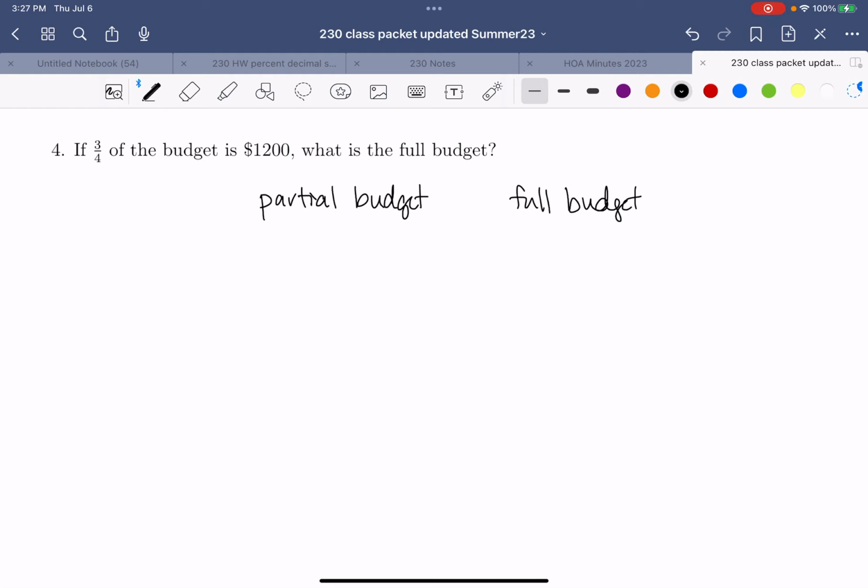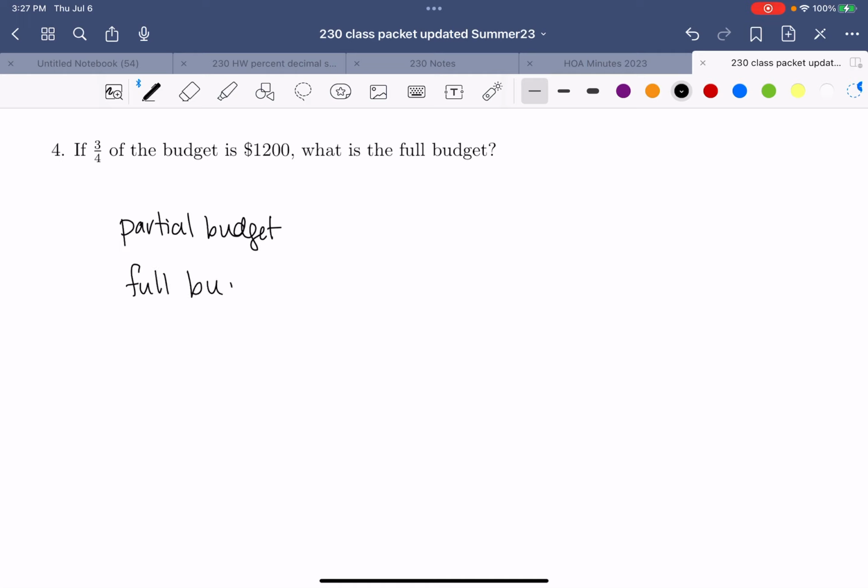Actually, I think I'm going to switch these. It doesn't matter at all. It's just comfort level. I think I'm going to go partial budget on top, full budget on the bottom, and I'm going to go fraction or ratio and dollars over here.